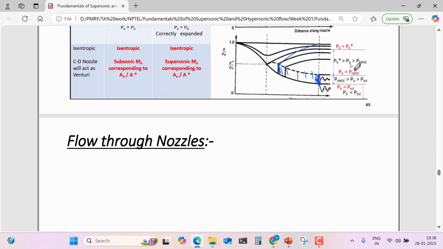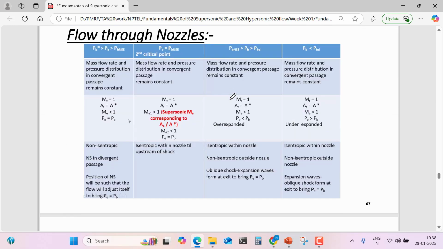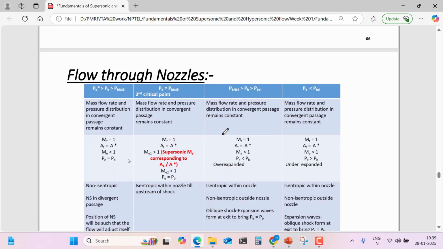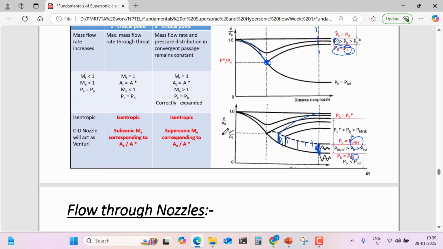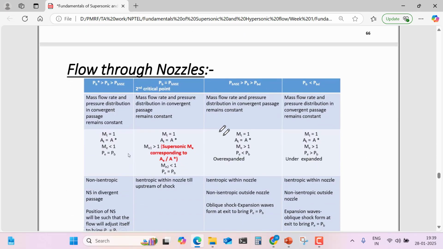Now if the pressure is between the second critical point and the third critical point, then the nozzle flow will be overexpanded, and due to the overexpansion, there will be an oblique shock just after the nozzle, which will increase the pressure of the flow.